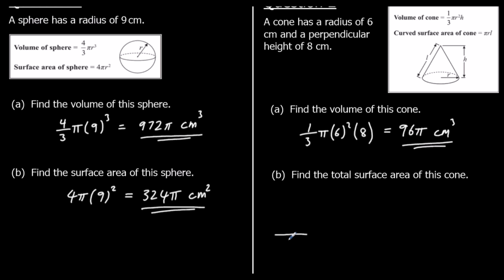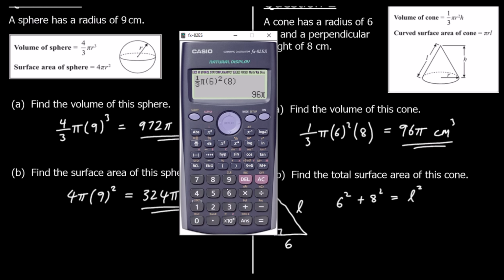So we know we've got a radius of 6, a height of 8, and we're going to use Pythagoras to find L. So we know 6 squared plus 8 squared is L squared. So 6 squared plus 8 squared is 100.